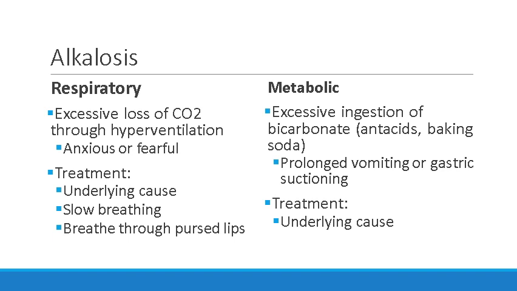If that's not corrected, remember, 24 to 48 hours later the kidneys are going to kick in and it turns to a metabolic state. So, excessive ingestion of bicarbonate. If somebody takes too many antacids or too much baking soda as a bicarb, they could put themselves in metabolic alkalosis. Prolonged vomiting or gastric suctioning can do it too, and we are going to treat the underlying cause.